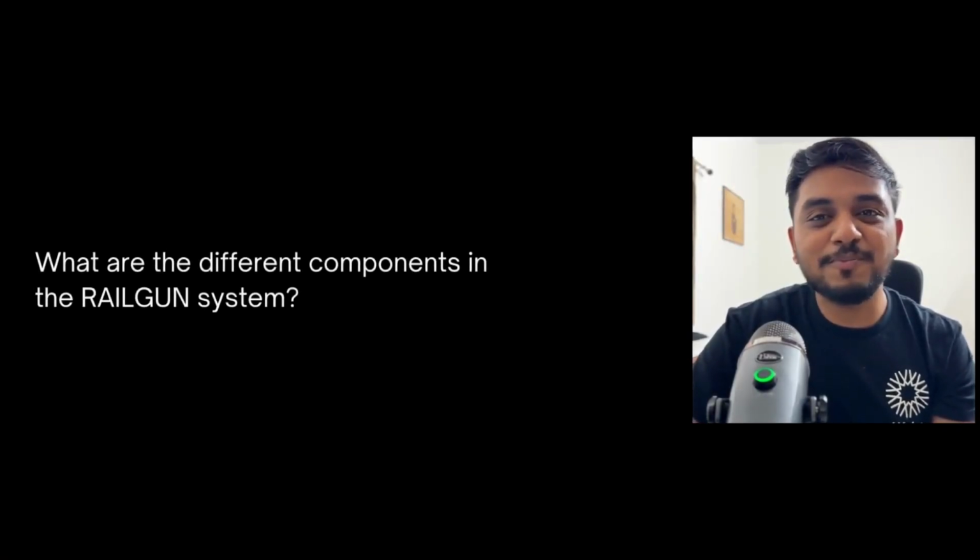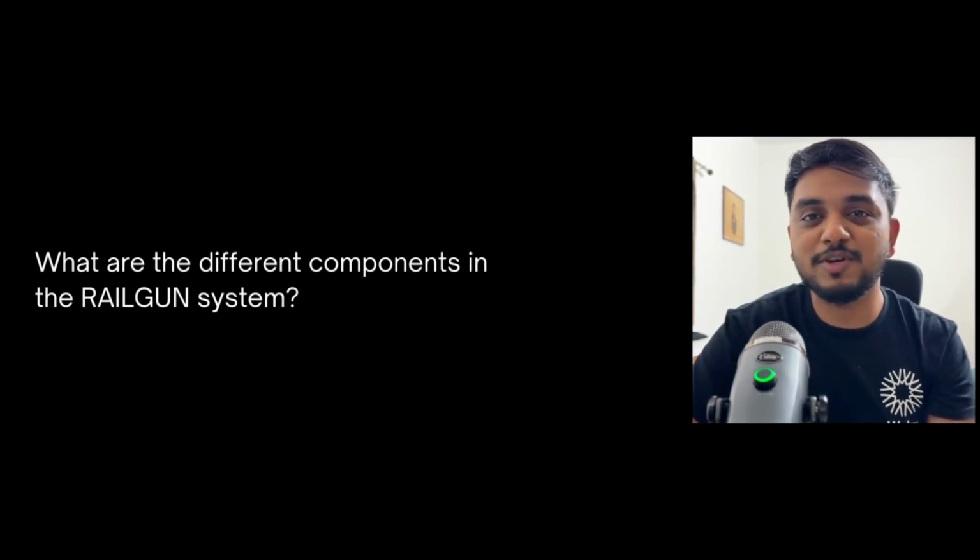What are the different components of the RAILGUN ecosystem? For someone who is new to RAILGUN, what are the different segments that they should be understanding? So Railgun has a couple of different parts to it. The main core part is the smart contracts, obviously. That's what enables the new address types that Railgun uses, so the 0zk address.